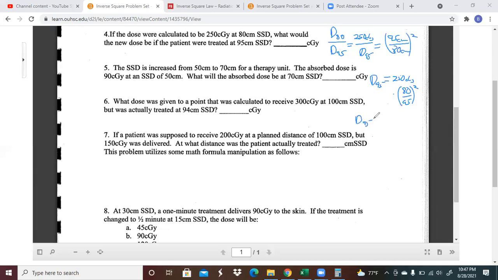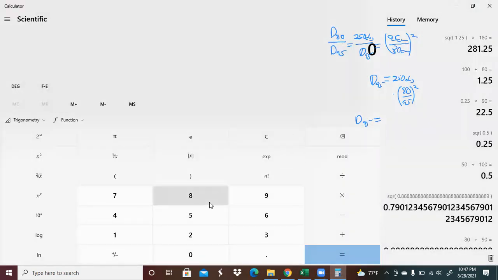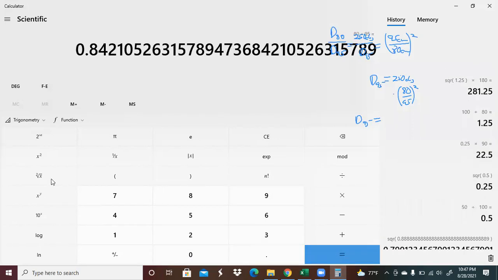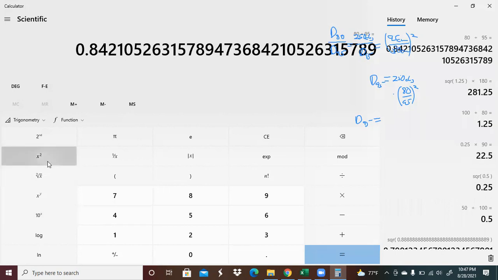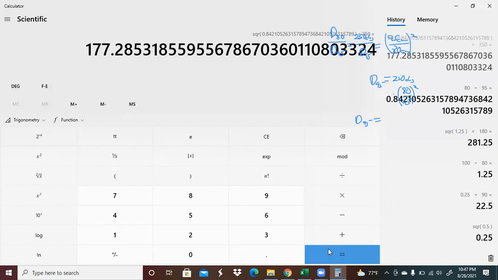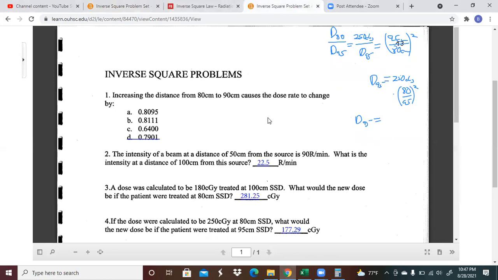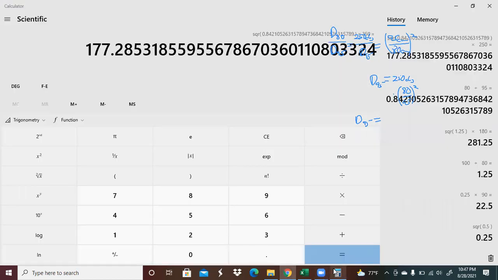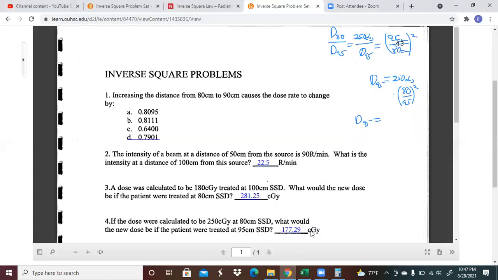So dose at 95 is going to end up equaling what? Well, 117.28. Wait, did I say 117? 177.29.